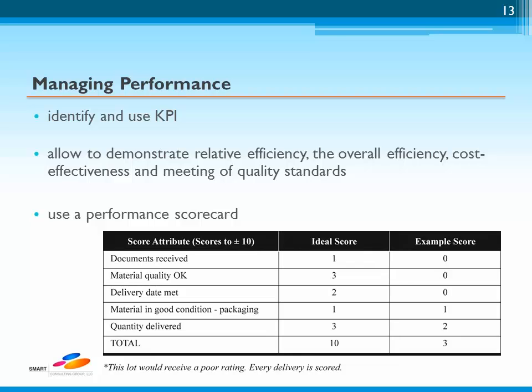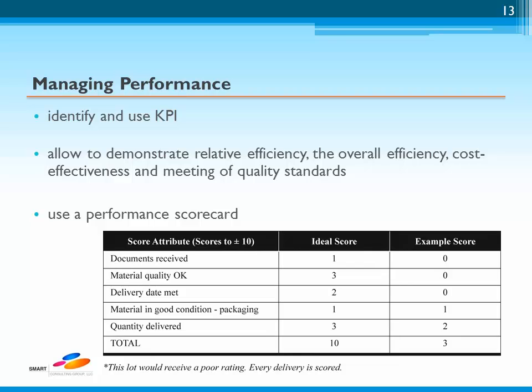Let's talk about managing performance. This has already been mentioned, but the only way to ensure that the changes being made are necessary to improve performance and reliability is to measure, trend, and report these results using good metrics. Essential to this process then is to identify and use key performance indicators.